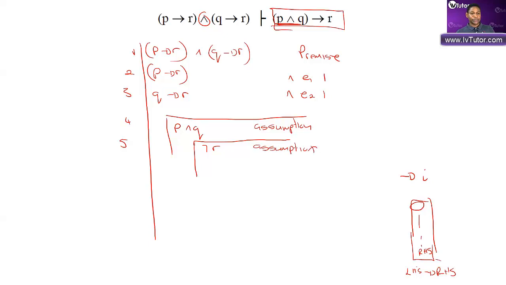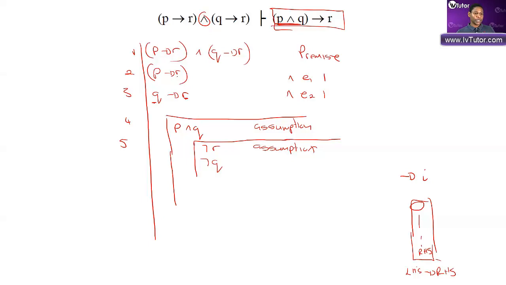And then if not R is true, what's going to happen? I've got not R, I can have not Q here.